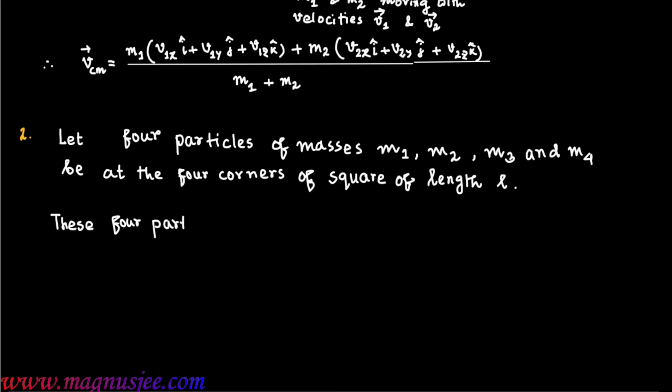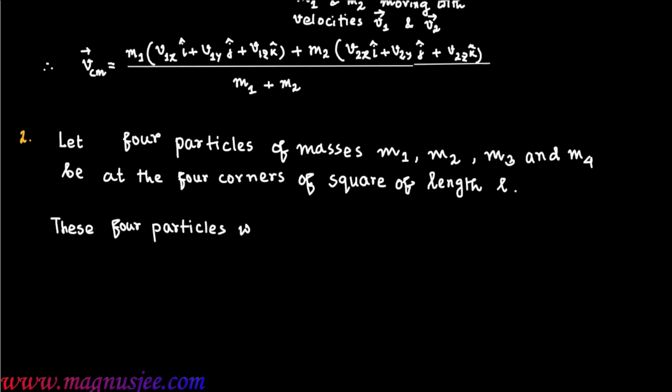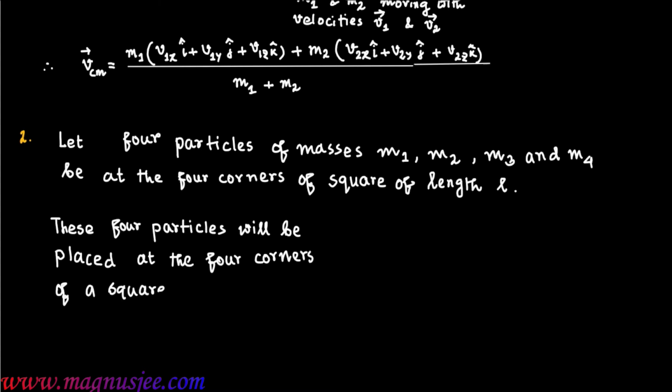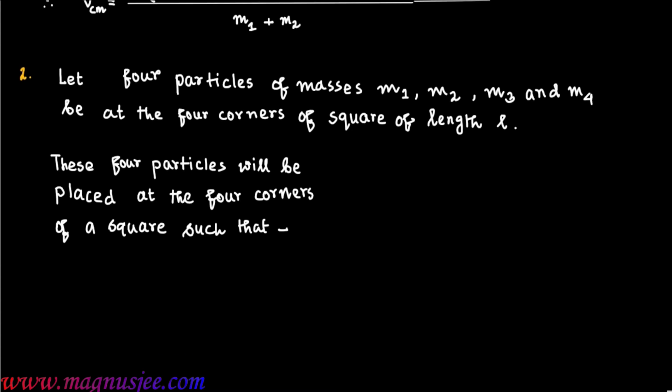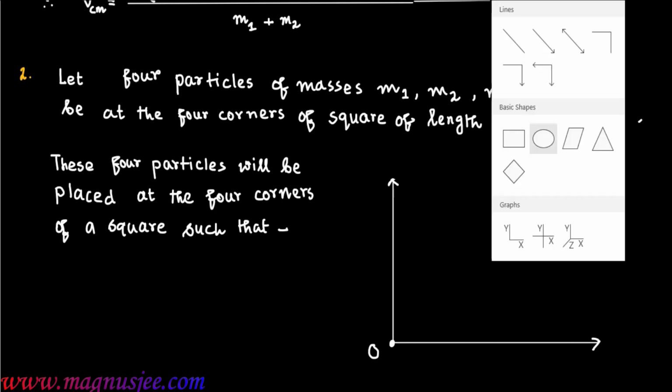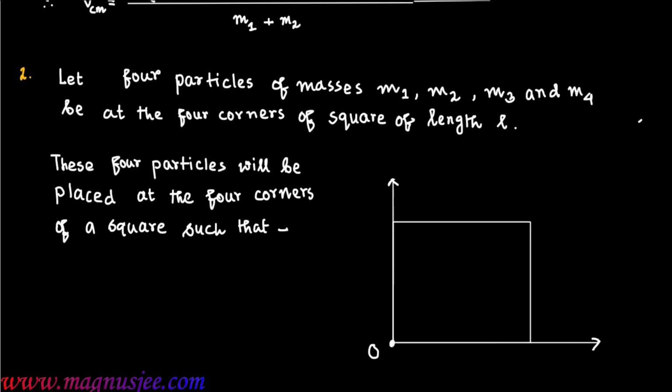These four particles will be placed at the four corners of the square, such that the first particle of mass m1 is placed at the origin, and the other particles will be placed in anti-clockwise direction.